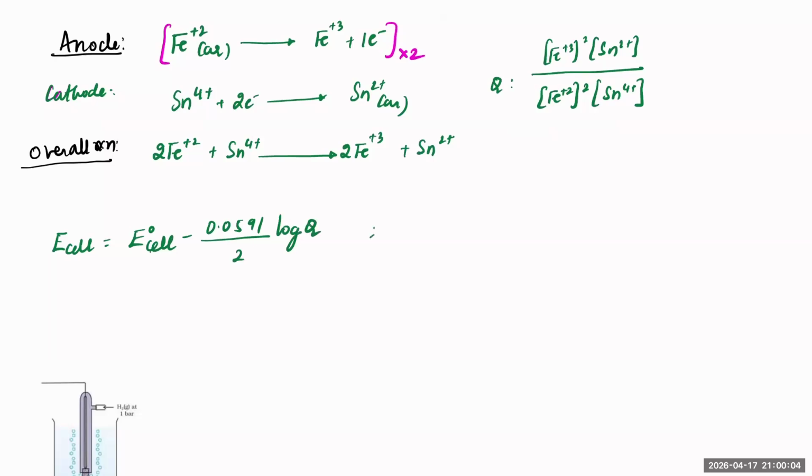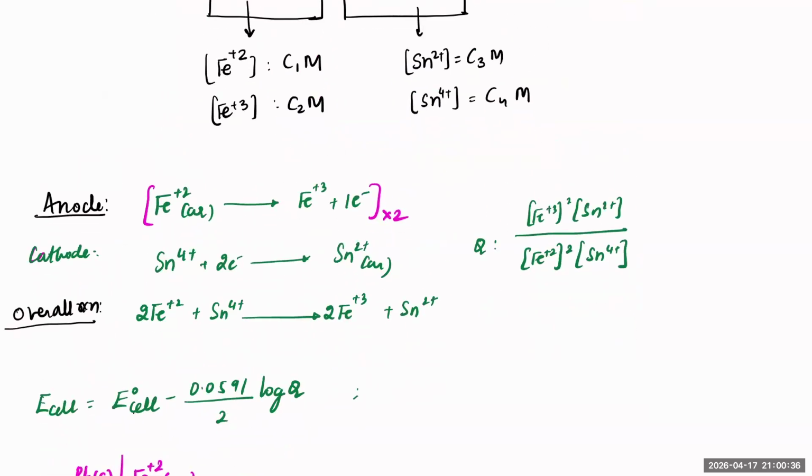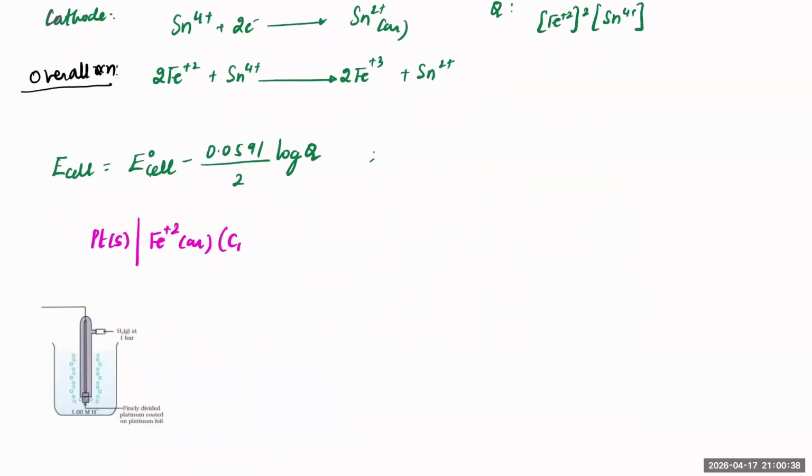Now listen up. When you have this anode and cathode and you're writing this overall reaction, how do we represent the cell notation? See, we have platinum electrodes here, correct? We have platinum electrodes in contact with Fe plus 2 aqueous of certain concentration. The concentration given is C1 molar, so we'll write this as C1 molar.